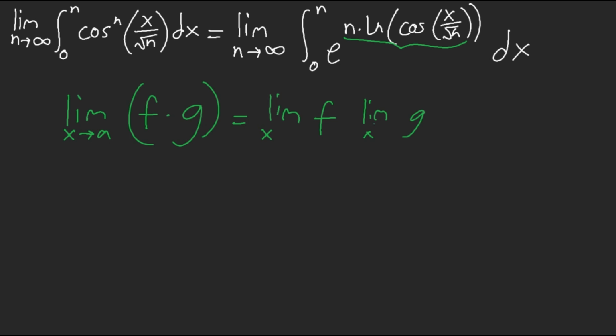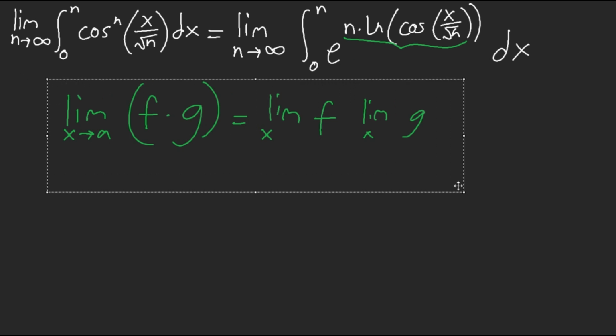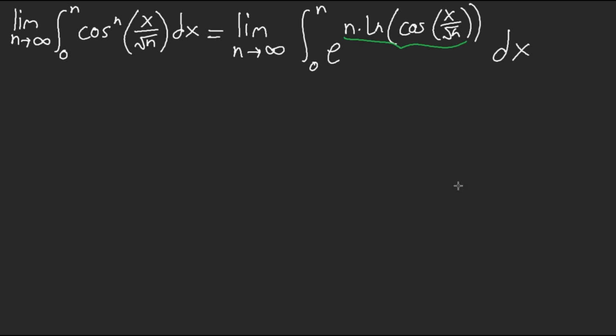Then you can go like this. But it's weird, it doesn't look like that here because it's in integral form and mashed with this function. So I get it, but this is allowed.